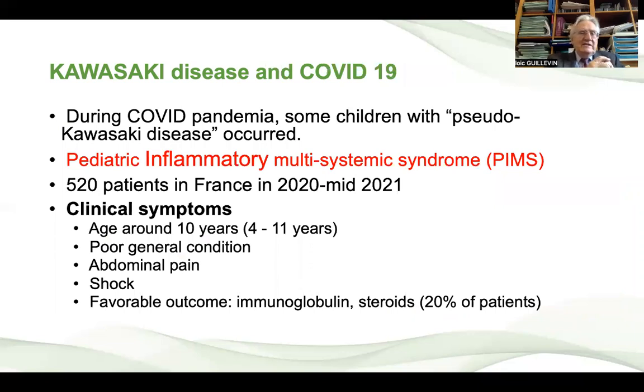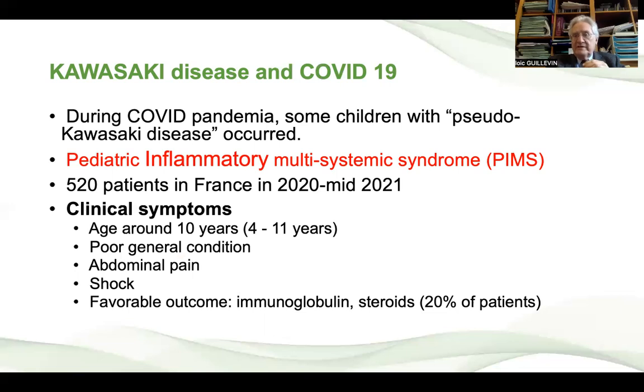What is of interest is that we looked at the etiology of Kawasaki disease for decades, and nobody was able to demonstrate a cause of this disease. Many germs have been investigated, viruses, bacteria, and so on. And recently, when the COVID pandemic happened, pediatricians described what they called a pseudo-Kawasaki disease and what we now call PIMS, pediatric inflammatory multisystemic syndrome.